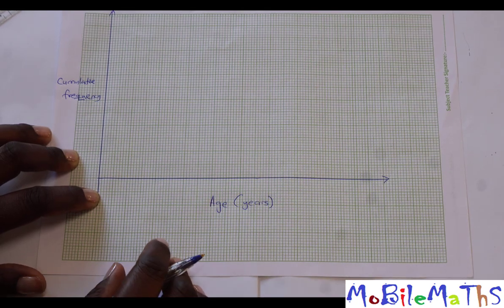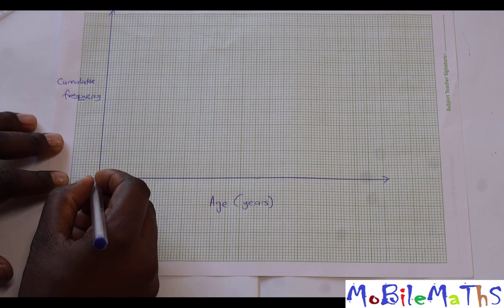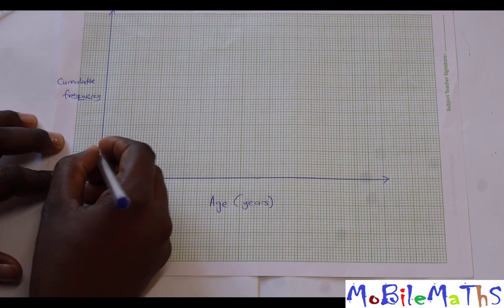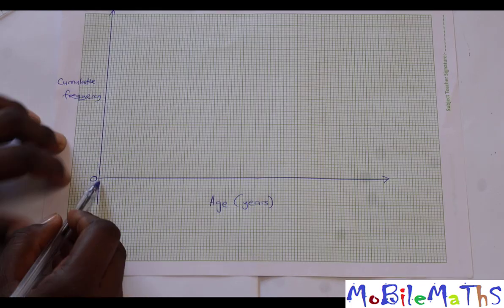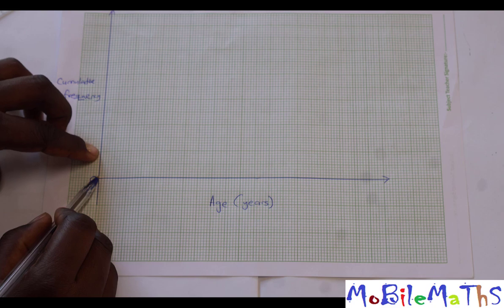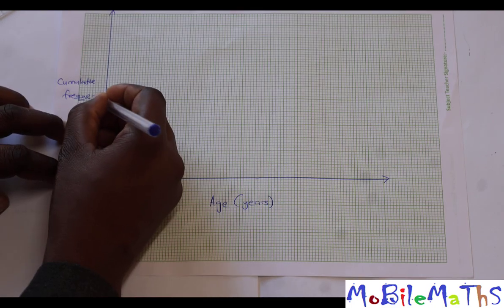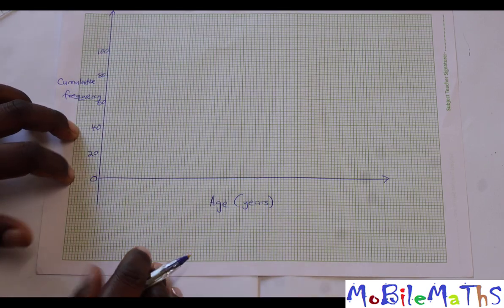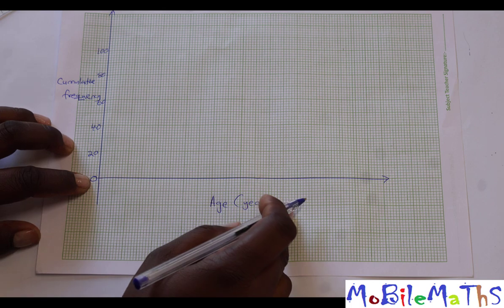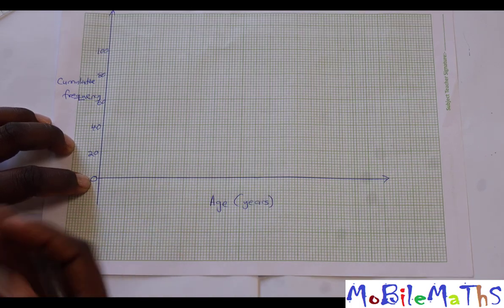Then on the vertical here, we are starting from 0 and we are moving. They said we are using a scale of 2 centimeters, which is this box here. It's 20, so I can say 20, 40, 60, 80, and 100 there. Then on the horizontal, you find out our ages are starting from 50 going to 80.